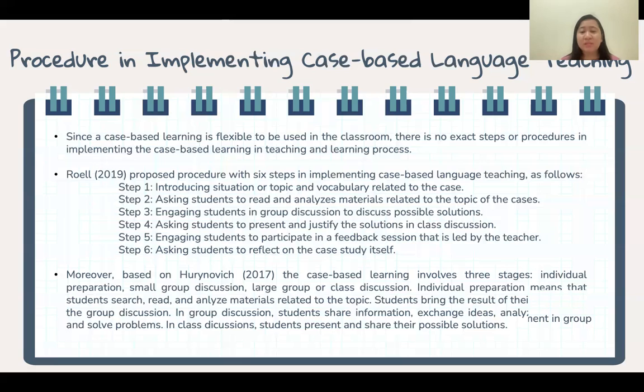This kind of student is a kind of challenge to the teacher. So I think for students like this, the teacher needs to find a solution in the form of a strategy to facilitate students who have low engagement in discussion when implementing case-based learning.